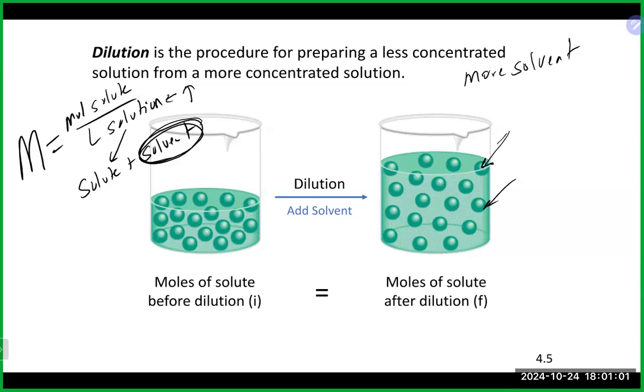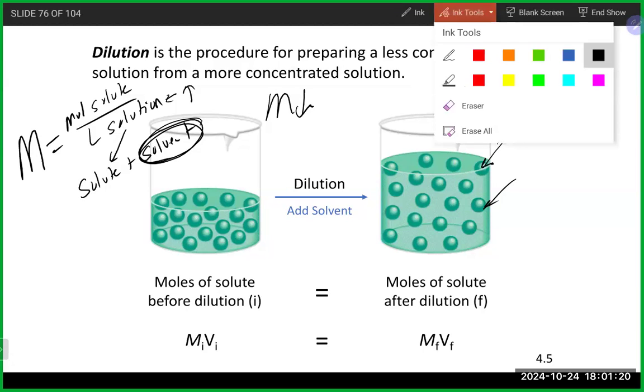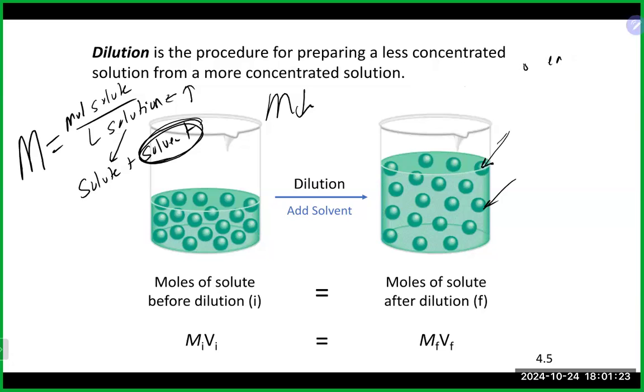And because the bottom number gets larger, the molarity goes down. You're increasing the liters of solution, and that brings the molarity down. So there is an equation that you could use to solve for a dilution, and this is the equation here.